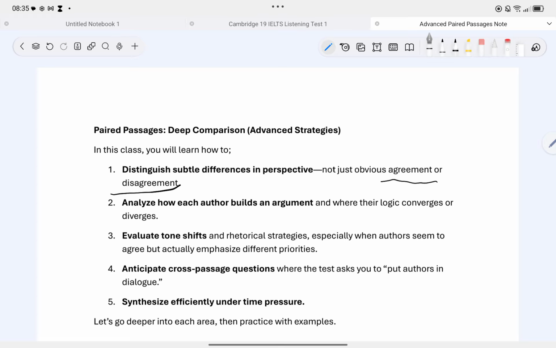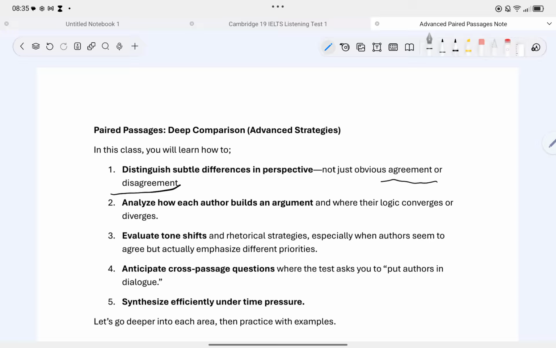Also, you would analyze how each author builds an argument, where the logic converges or diverges. What that means is authors argue differently and they use different approaches when they argue. So you want to learn the different approaches to how authors argue and use that when answering questions.